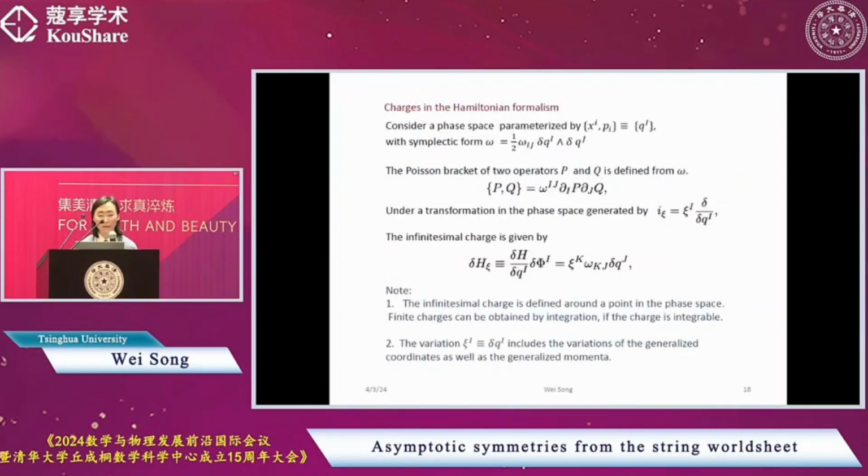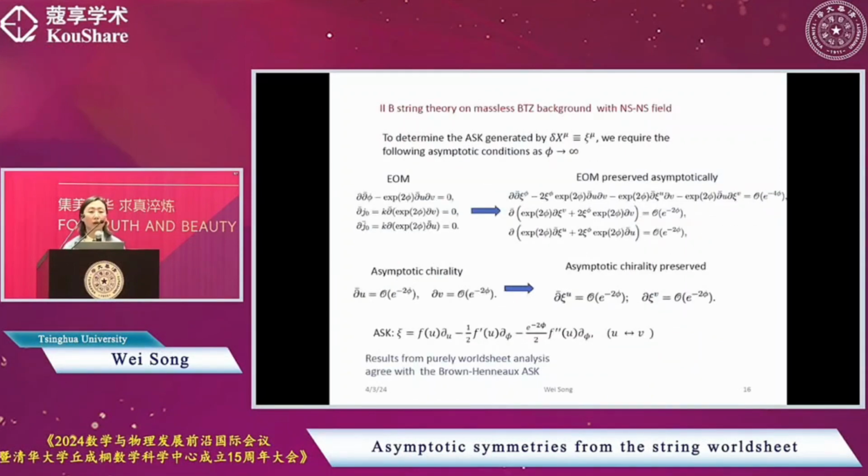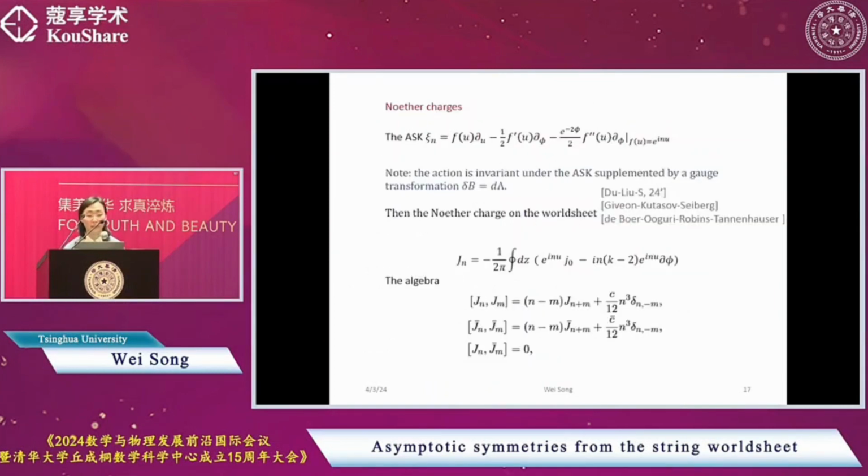But I want to stress that this is a purely string worldsheet analysis, and we don't need to know the Brown-Henneaux asymptotic Killing vector at all. We can just impose such a condition on the worldsheet and discover this. This is a purely string theory analysis, and we can see this asymptotic symmetry really appears there. We can write down the charges.